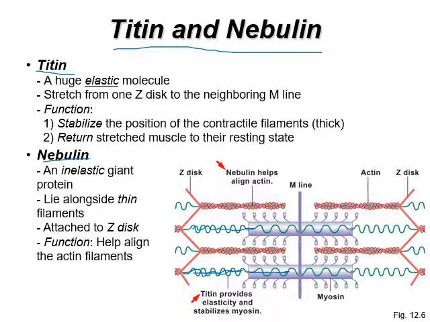Nebulin is the little blue one running along here, and it connects to this Z disc here to help align the actin molecule in the sarcomere. Okay, so titin, elastic, helps align the myosin, and the nebulin, inelastic, helps align this actin in the sarcomere.